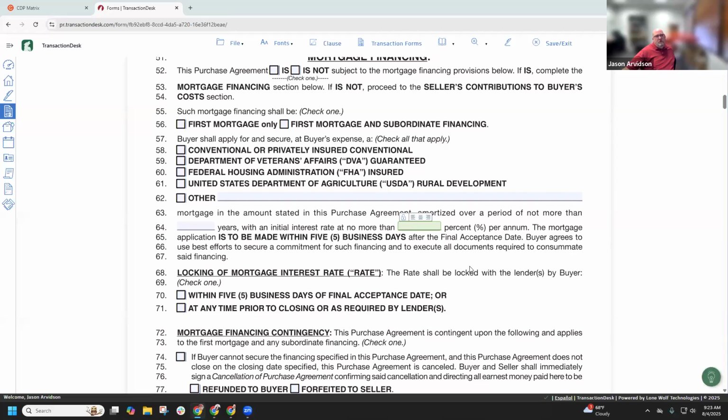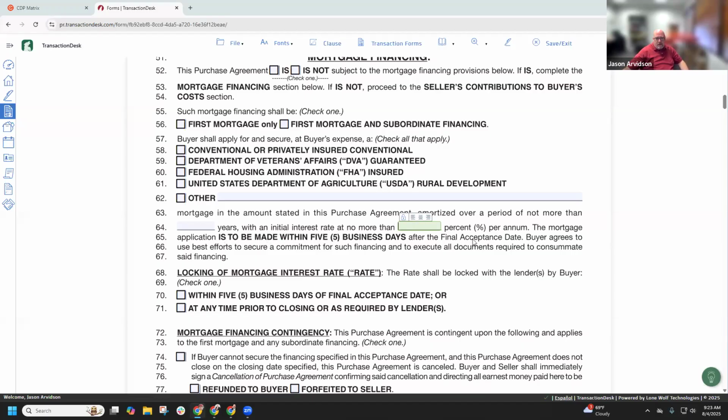And so if the world were to go on fire between the day you write the purchase agreement and the closing, the bank could change their mortgage percentage that they're at. And you're saying my clients will not enter into this deal if the rate goes above a certain percentage.